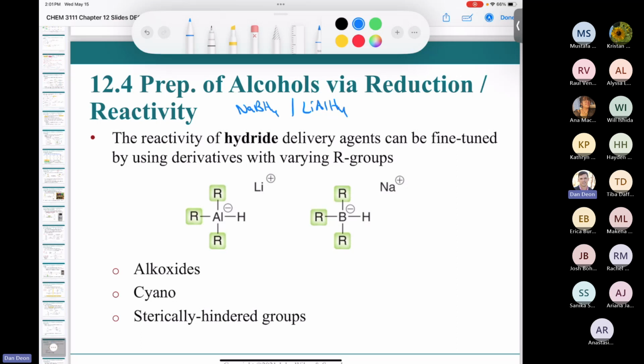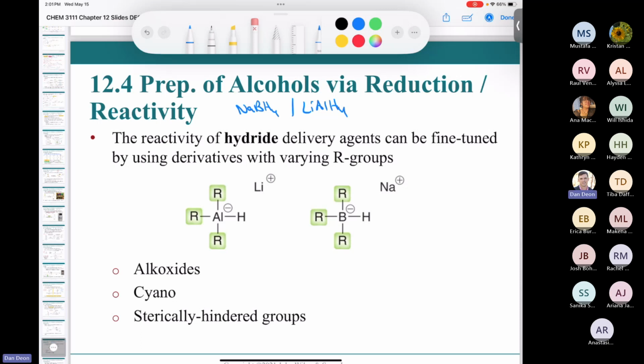I'm going to tell you right now that there are so many variations on these 2 reagents. Everybody and their dog gets in on these, and they come up with new reagents where they just change the R groups. They make the R group maybe an alkoxide, like an OR group, or they could make a cyano group, or they could make some big bulky groups like a tert-butyl group or something like that. But the bottom line is you can change the R groups that are highlighted in green to all kinds of different R groups.